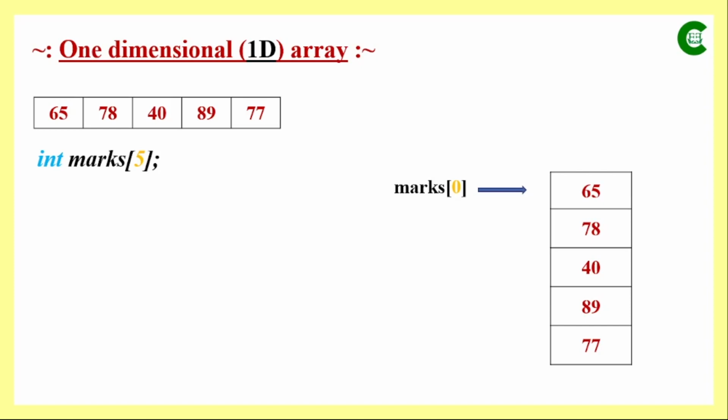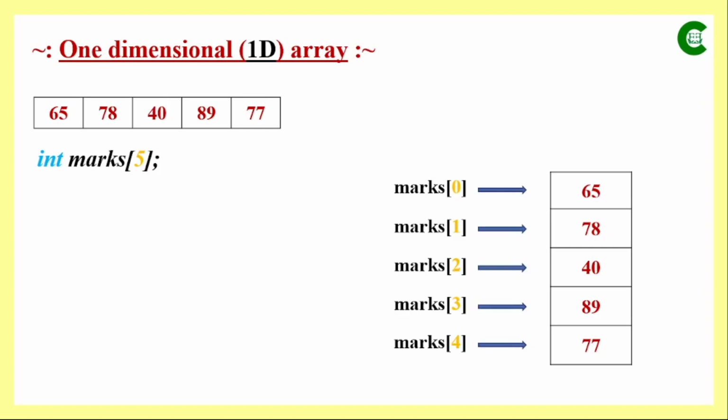So to refer to the first element of any array, the index value will be 0. So here marks of 0 points to the first element of that array of integers that we have on the screen. And accordingly the second element will be referred to by index value 1, the third element by index value 2, accordingly the fourth value, accordingly the fifth value.